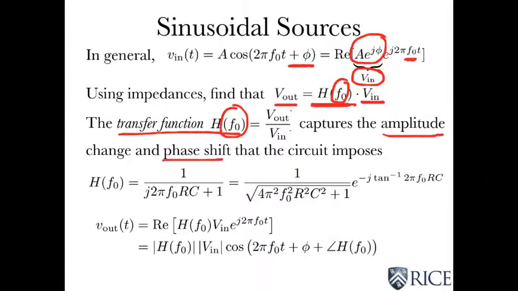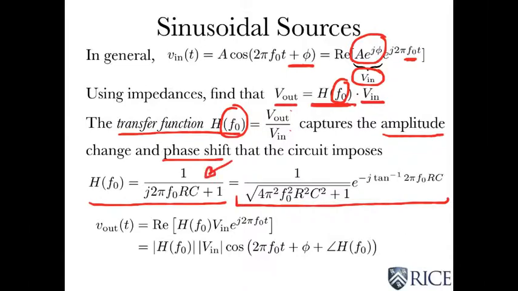So here's what's going on. We found using impedances that that's the transfer function in Cartesian form, and as we've seen, it's much easier to deal with mathematically if we convert that to polar form. This is routinely what we do for any circuit. Use the impedances, we're going to wind up with a result in Cartesian form.